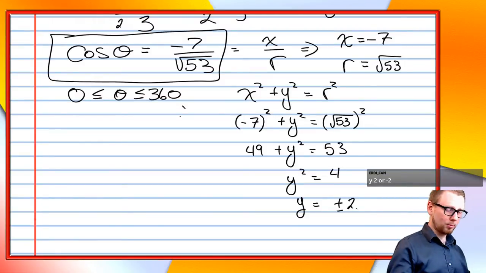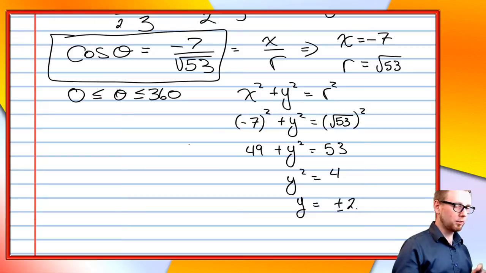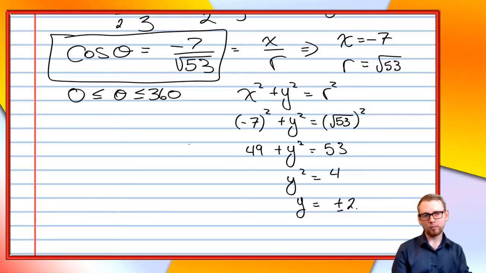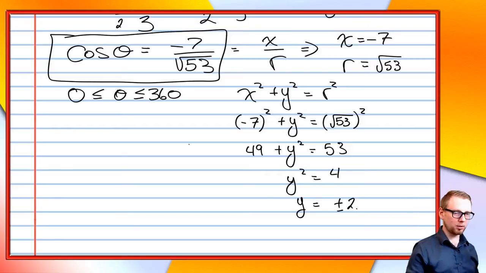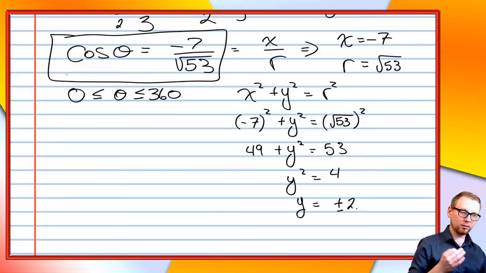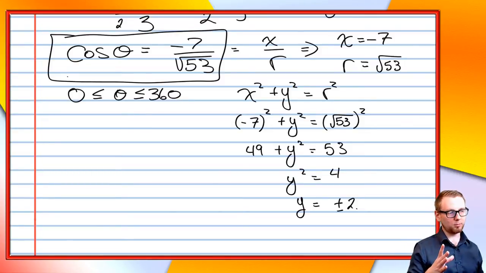If they say it's between 0 and 360 degrees, then there's not just one value for y, there's 2 possible values. If they had stated whether it's between 0 and 180 or 180 and 360, then we would have one single value. Let's just assume they mean the positive y value.